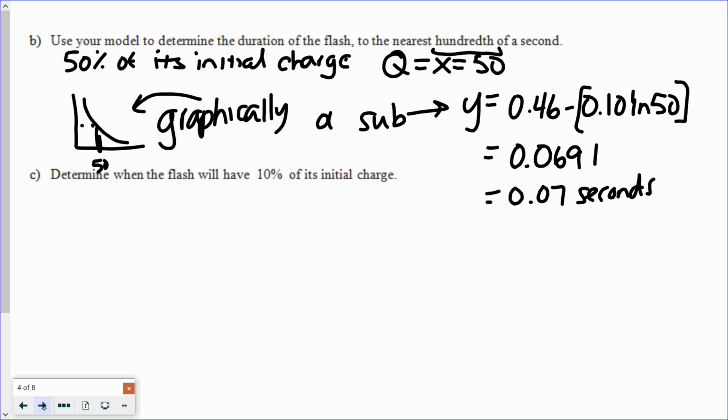And C, same thing, you could do it graphically here. If you did B graphically, it's pretty easy to do C graphically, but I'm just going to keep doing the substitution way.